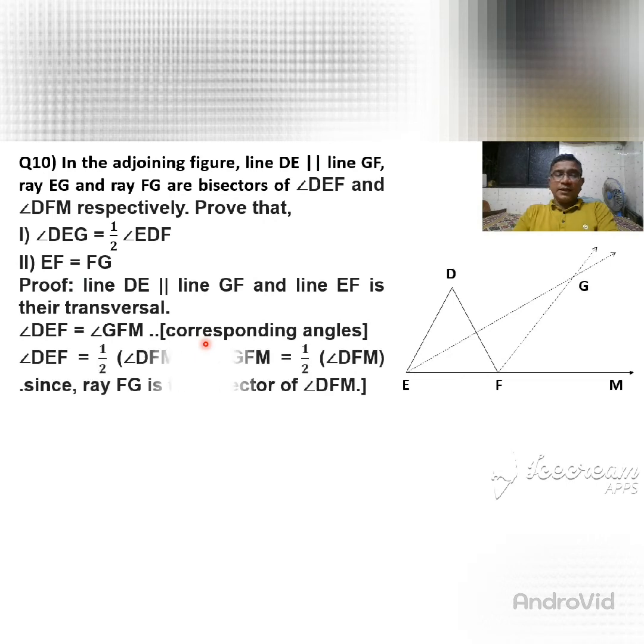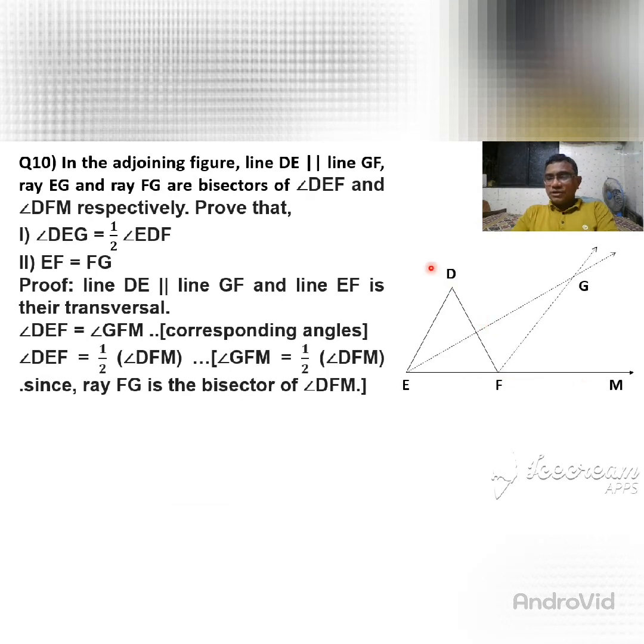Okay, then this is the DEF angle, half of DFM. Why is it half of? Because of the bisector. Who is the bisector? See, GFM is equal to half of DFM. So I write here half. Why is it half?